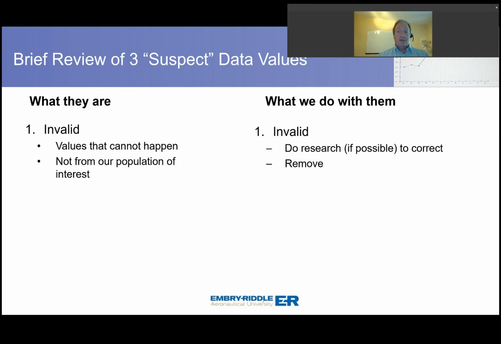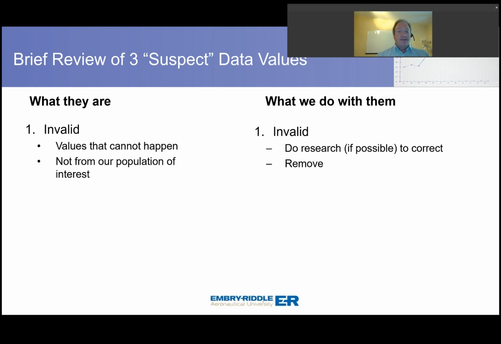That was your population of interest. But somehow data got in on a dirt bike. That data value is not relevant to your population of interest. And if you use it, you're going to be taking a sample that's not representative of the population you're interested in. So we automatically remove those.